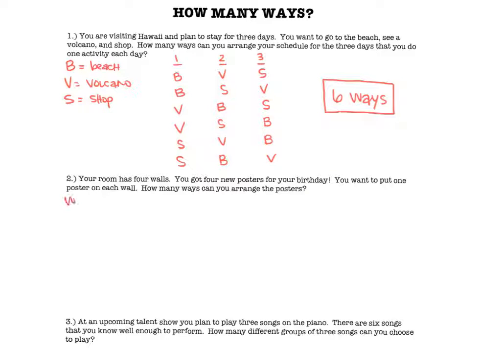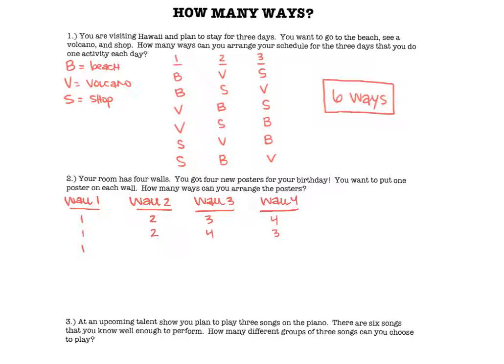So I have wall 1, wall 2, wall 3, and wall 4. Okay, so if I'm just gonna call my posters 1, 2, 3, 4, then one option would be 1, 2, 3, 4. Or I'm gonna keep 1 at the first and 2 at the second, and I could flip those.